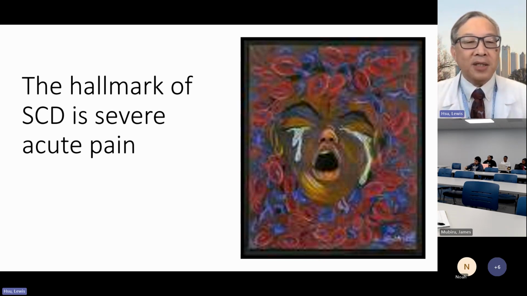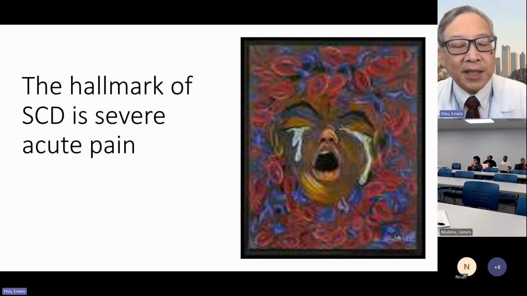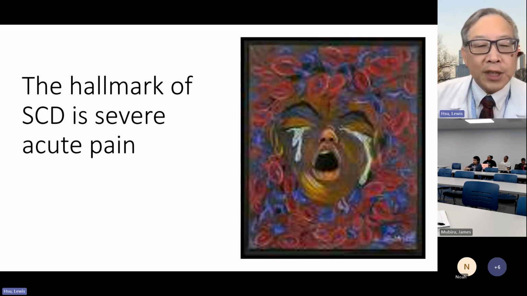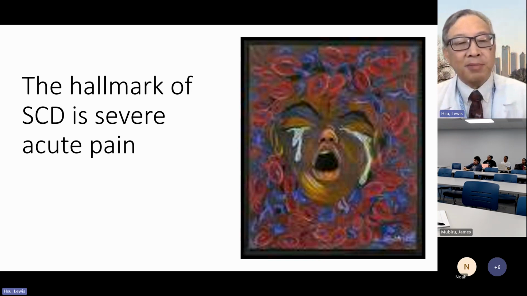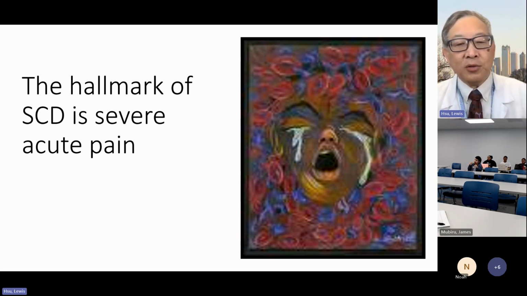This painting is named 10, showing that the pain is so severe that he is not able to have anything else on his mind except his pain. Tears are rolling down his eyes, he is screaming, and all his thoughts are just about red blood cells. Some of them are blue because they're deoxygenated. Some of them are normal shape.